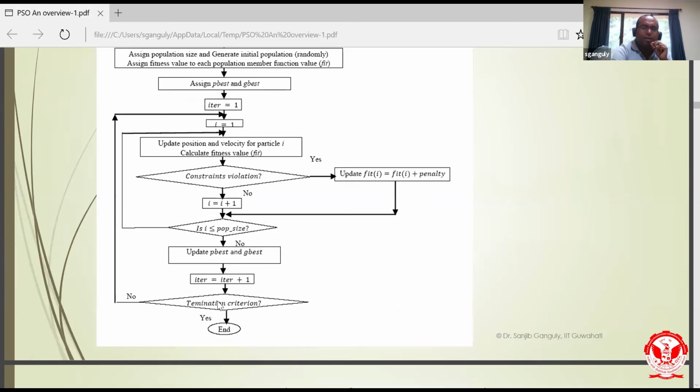Then you can set a termination criterion. Normally, if you are not very sure whether you have arrived at the final solution, which is the global maximum or minimum that you desire, you can set a maximum number of iterations as the termination criterion. After a fixed number of iterations, your algorithm will stop.